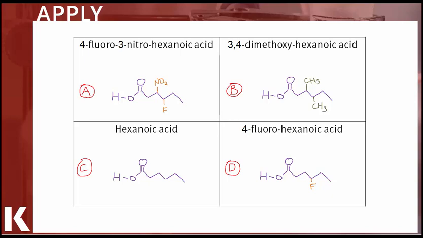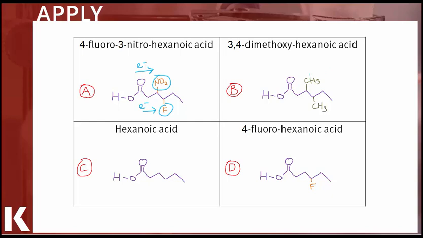So if you take a look at molecule A, we have a nitro group. There's a nitrogen with 2 oxygens, both electronegative and electron withdrawing, so they're going to be pulling electrons away from the carboxylic acid group. We have a fluorine, also electronegative and pulling electrons away from the hydroxyl group on the carboxylic acid.